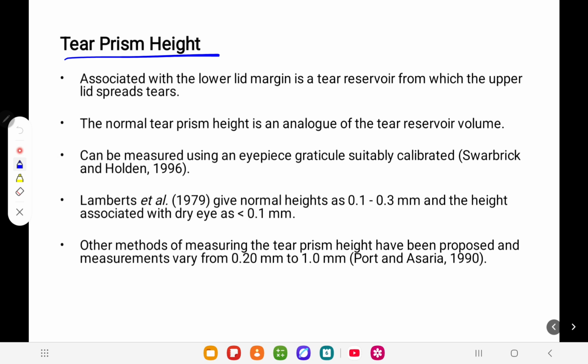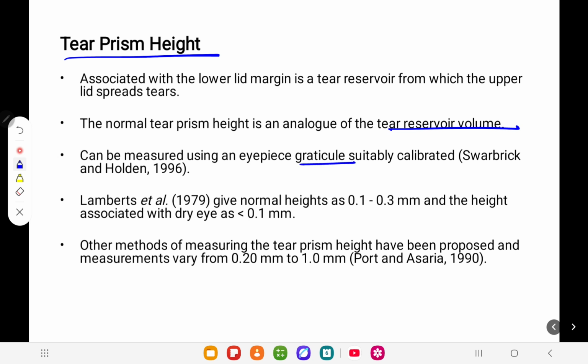Another test, easy with the slit lamp, is associated with the lower lid margin tear reservoir, from which the upper lid spreads the tear. Normal tear prism height is analogous to the tear reservoir volume. Basically, it's just the concept, and it can be measured using eyepiece graticules.